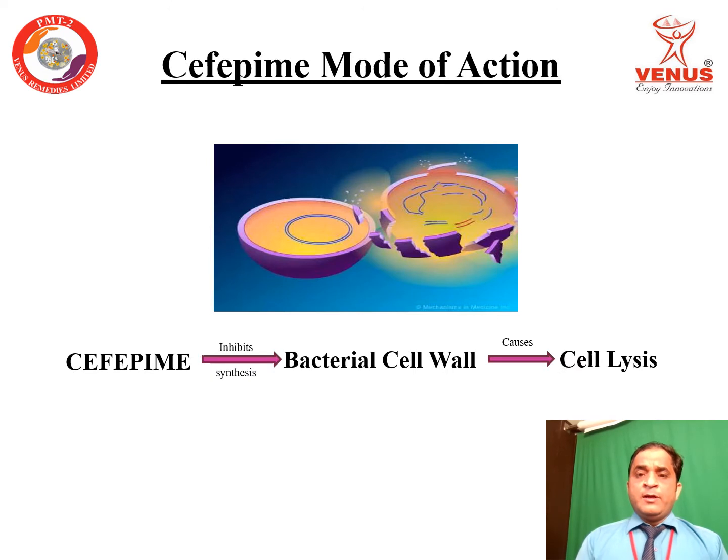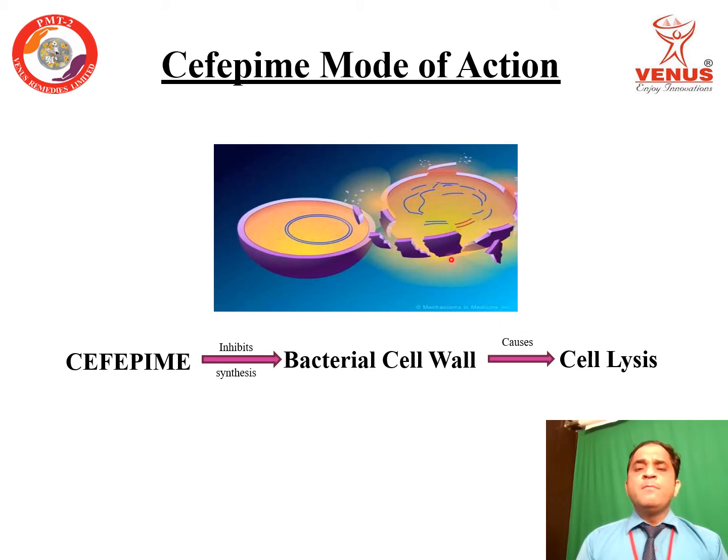In this slide, we will study how sapipine inhibits cell wall synthesis. In this image, you can see that sapipine acts on the cell wall of this bacteria and inhibits bacterial cell wall synthesis or breaks this cell wall.